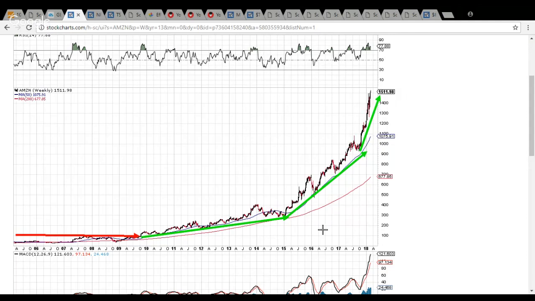So here on Amazon, the fact that we've had a couple of strange things like this break, which immediately jumped back above, would probably have caused me, if I was in Amazon, to sell the position when we broke on a weekly basis and to buy it immediately back when we close back above the line.